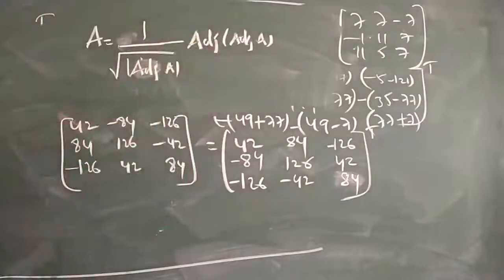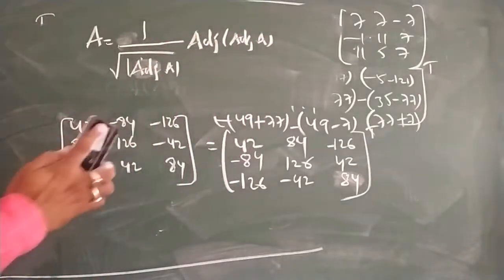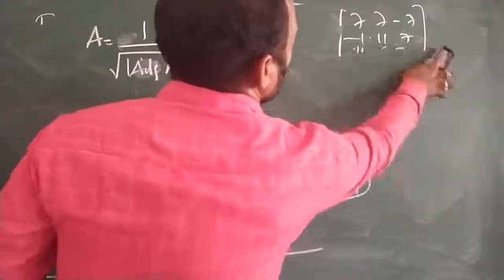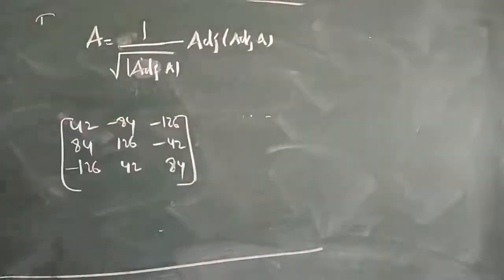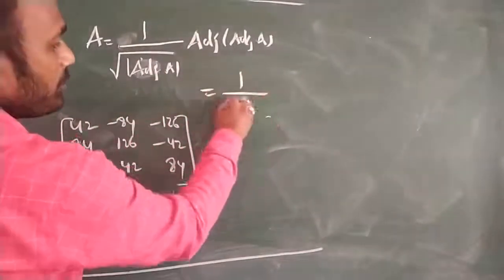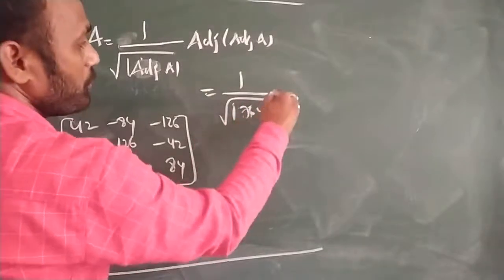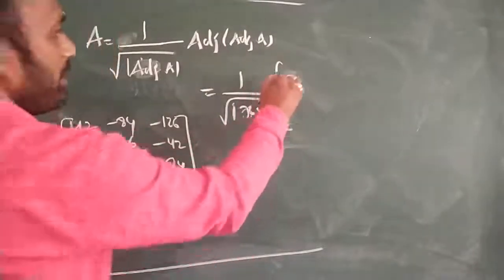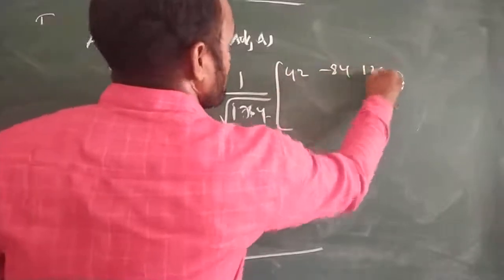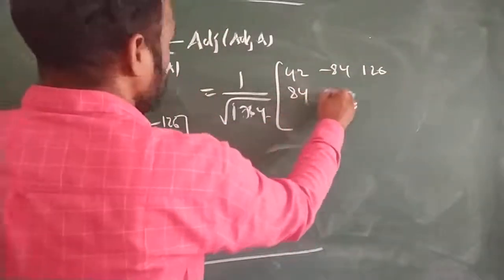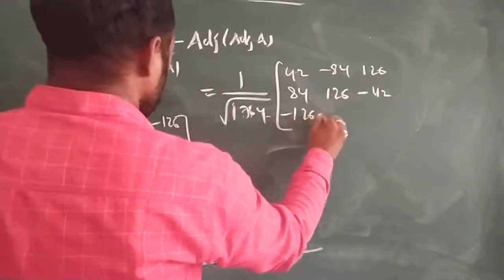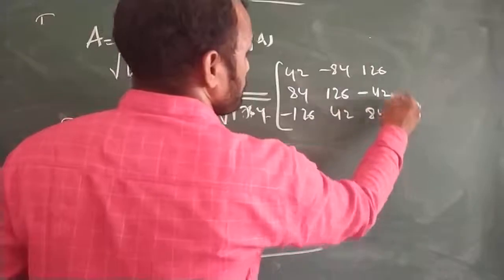Substituting the values, it is 1 by root of 1764 into the adjoint matrix 42, minus 84, 126; 84, 126, minus 42; minus 126, 42, 84.